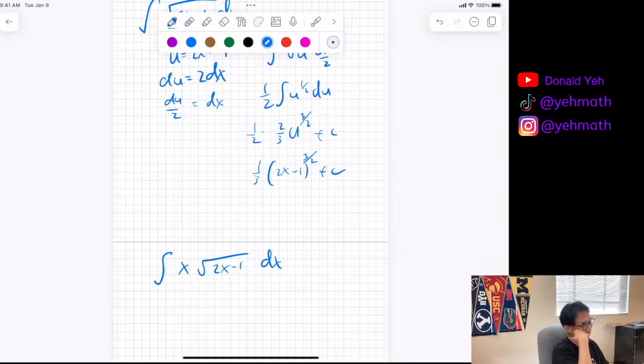You can't use the chain rule. There's only u substitution. So far your tools for antiderivatives are only the power rule and u substitution. That's it. There's no chain rule, no quotient rule, no nothing.